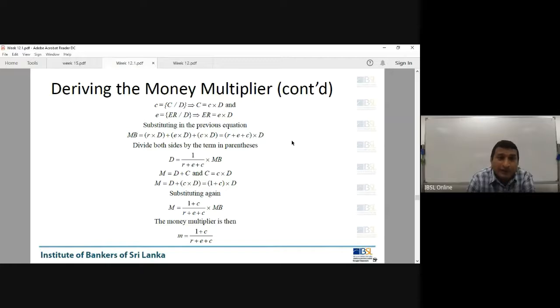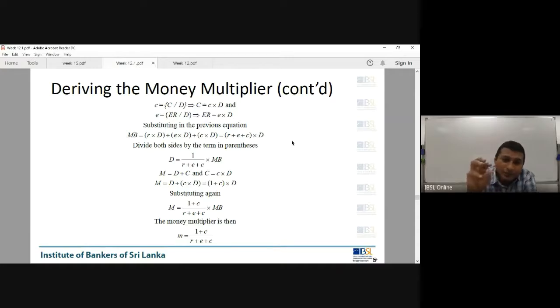So from currency and excess reserves, you can define both ratios as well as the amounts, the volumes, when you have total deposits with you.